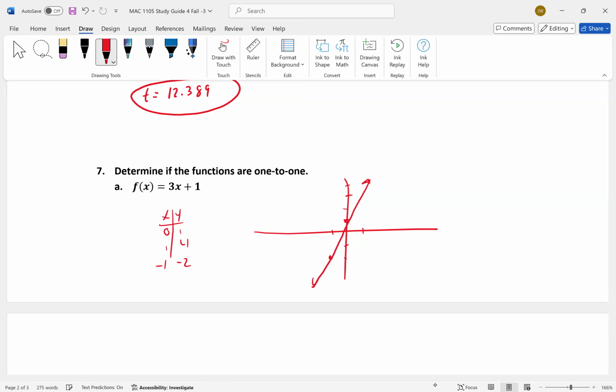Well, as you probably can see from there, this is a line, and it's not a horizontal or vertical line. So, yes, it is 1-to-1.